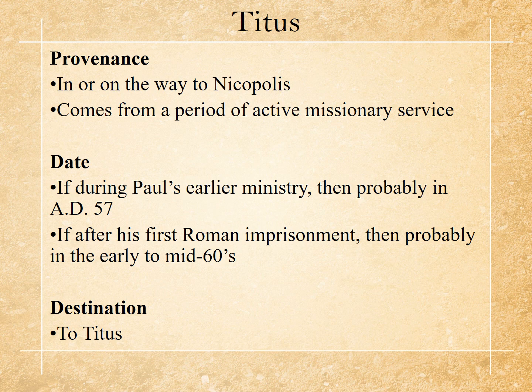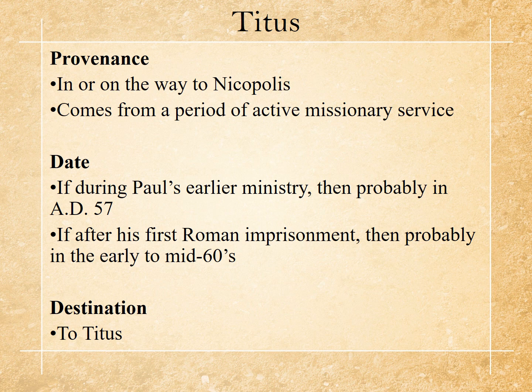And the third little pastoral epistle is Titus, probably written in or on the way to Nicopolis. Oh, by the way, Nicopolis is like a couple of kilometers from Thessaloniki. I mean, you can practically walk there. We walk further than that in our morning exercise.